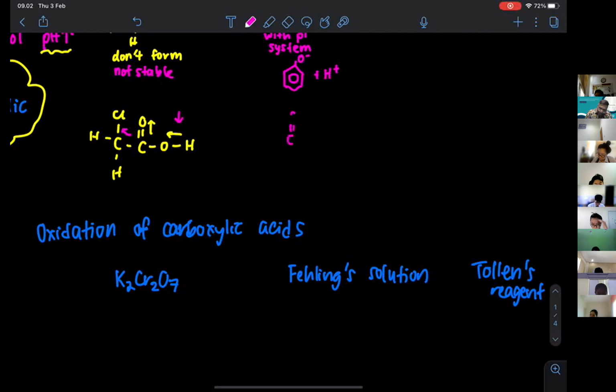So if I compare a normal carboxylic acid with CH3, and I compare with C double bond O, OH, with 1 Cl and then 2 H, what will happen?